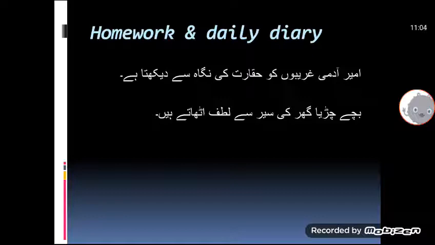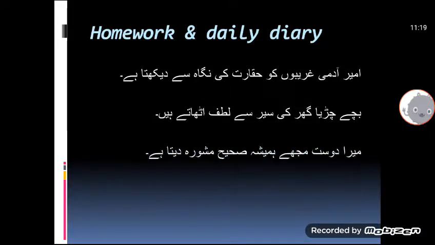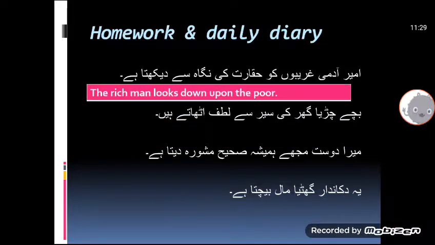Looks down upon the poor is your verb. The rich man is the subject here and the poor is the object here. Clear? Same like in the next and third sentence, my friend always gives me the right advice. And next one is this shopkeeper sells substandard goods. Clear? Okay, look at the sentences.